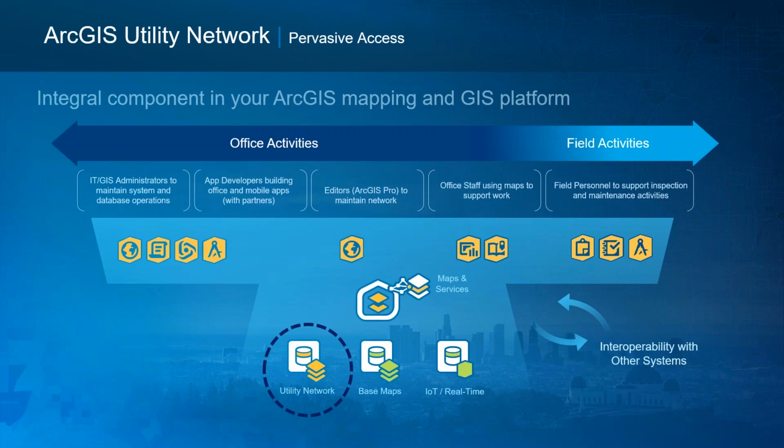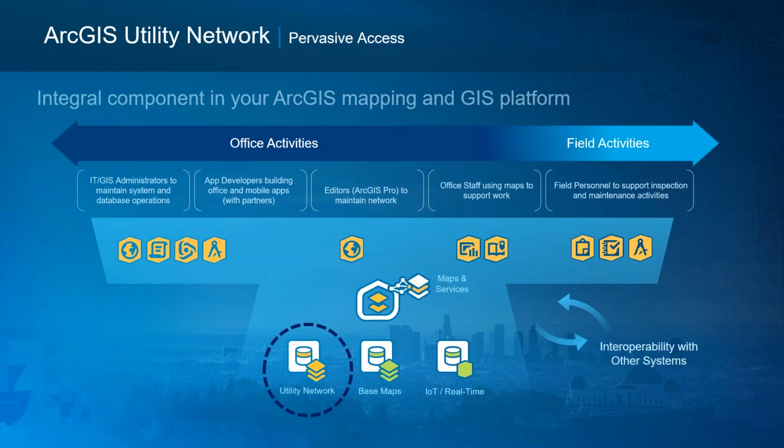Still at the heart of all of this is editors and using ArcGIS Pro to build and maintain the utility network on an ongoing basis. Office staff will be using utility network information in their maps to support their work, as well as field personnel out in the field doing inspections and maintenance activities, having the utility network information as a decision support tool.